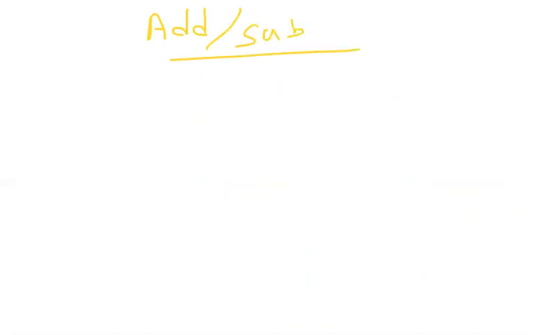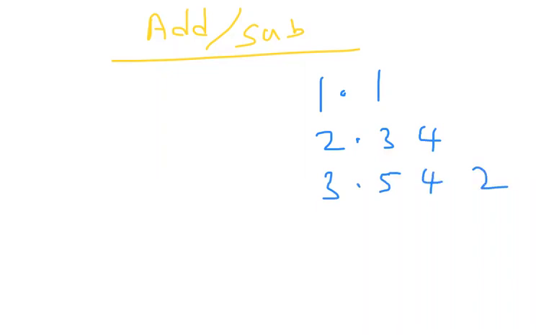Let me take one example with some numbers: 1.1, 2.34, 3.542 and 1.1111. I have taken 5 numbers, and suppose they ask us to add these numbers.